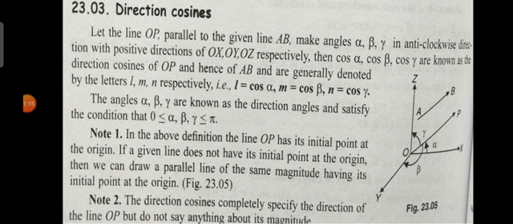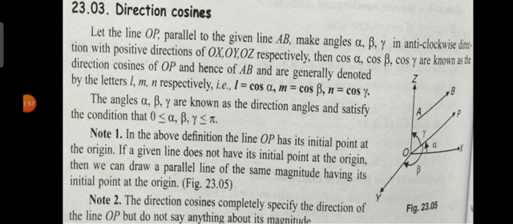And cos alpha, cos beta, and cos gamma, these three cos functions, are the direction cosines of the line. They are generally denoted by small letters L, M, and N. So L is cos alpha, M is cos beta, and N is cos gamma.